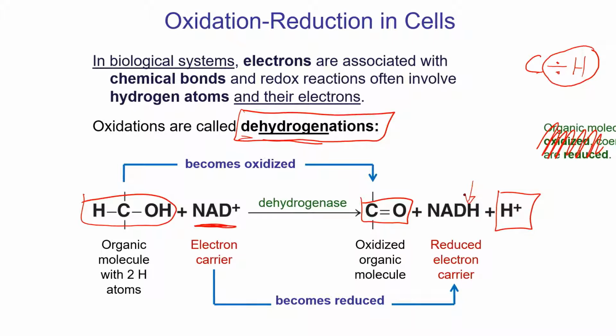They're almost always existing in some sort of chemical bond. So those electrons are going in a chemical bond to something new. And this new thing here is NAD+, and I'm calling this an electron carrier. It's technically a cofactor, meaning it's involved in the reaction. But we'll think of them as electron carriers, carrying the electrons in bonds.